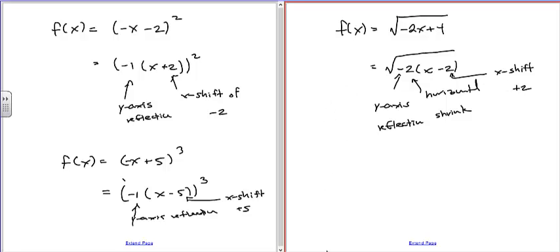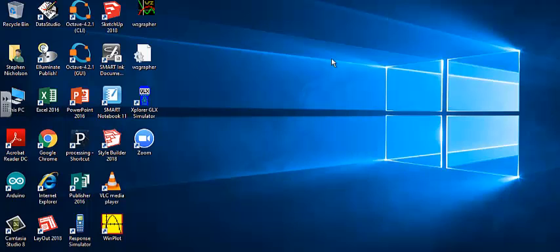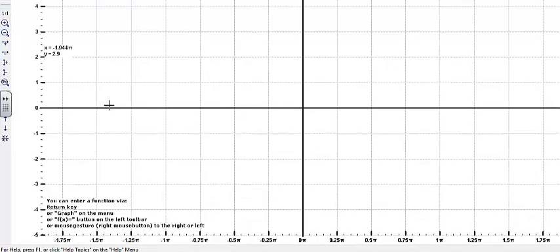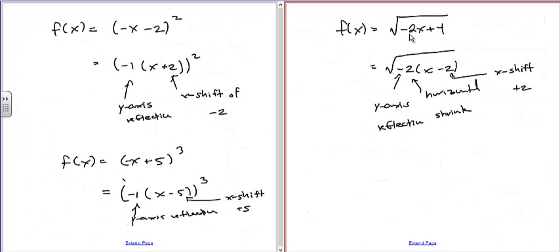So let's just prove this is right. We'll open up my graphing program and look at the function that we have. So the function is the square root of -2x plus 4.